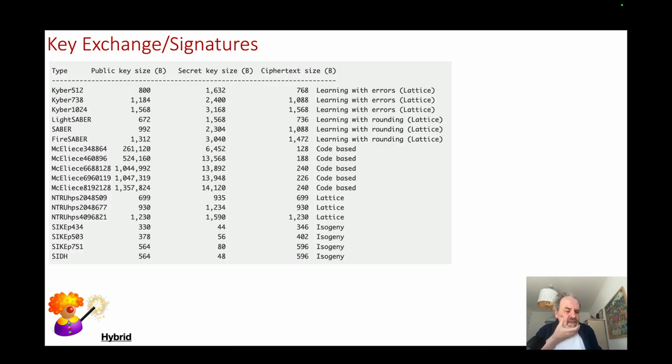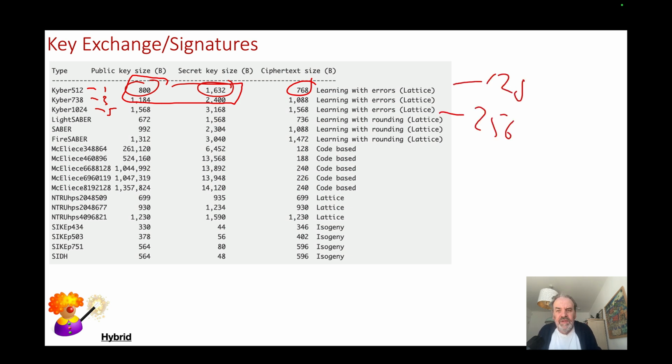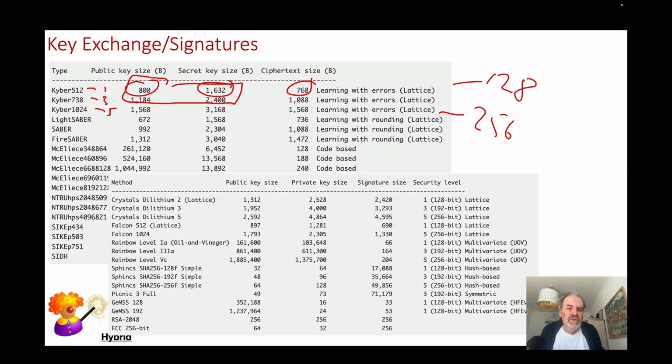Okay, to give you an idea, the key sizes for Kyber for the key exchange: 800 bytes for the public key, about 1600 bytes for the private key, and then the ciphertext that's passed is 768. There are 3 different levels, typically defined 1, 3, and 5. This is equivalent to 256-bit security. This one is 128-bit. So if we want more security, we use the larger one, such as Kyber 1024.